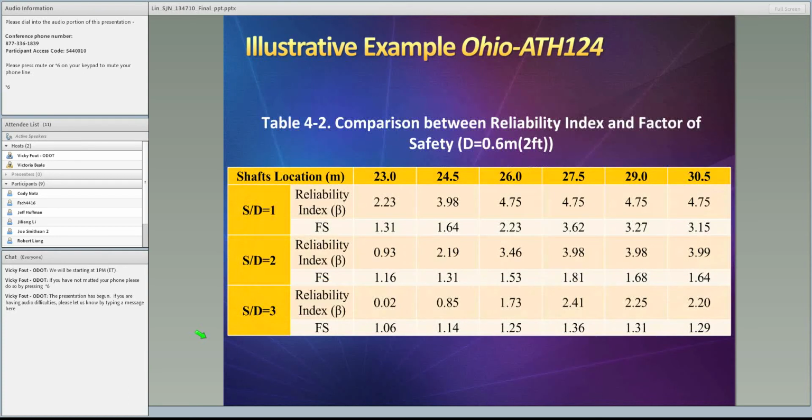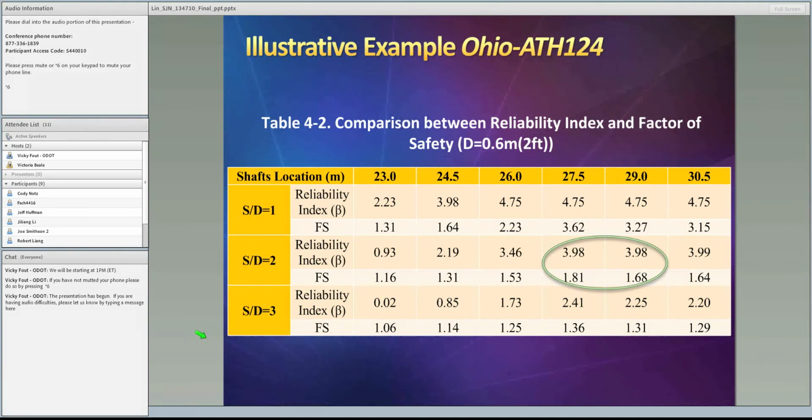These two data points have the same reliability index but different factors of safety, which means different factors of safety can achieve the same reliability index. These 4 also show the same trend, with the same reliability index but quite different factors of safety.